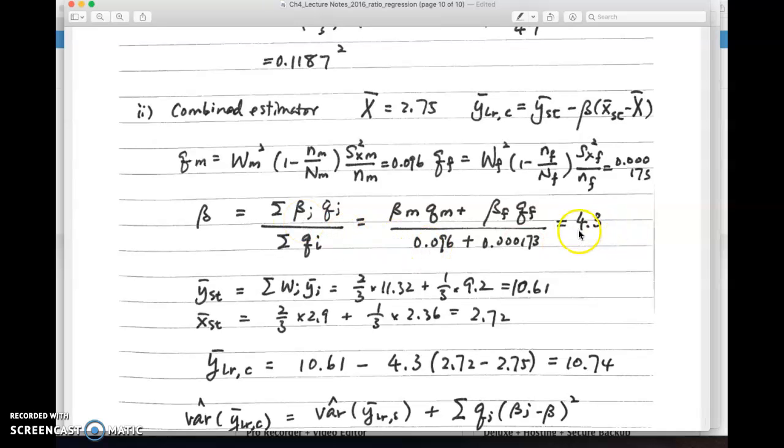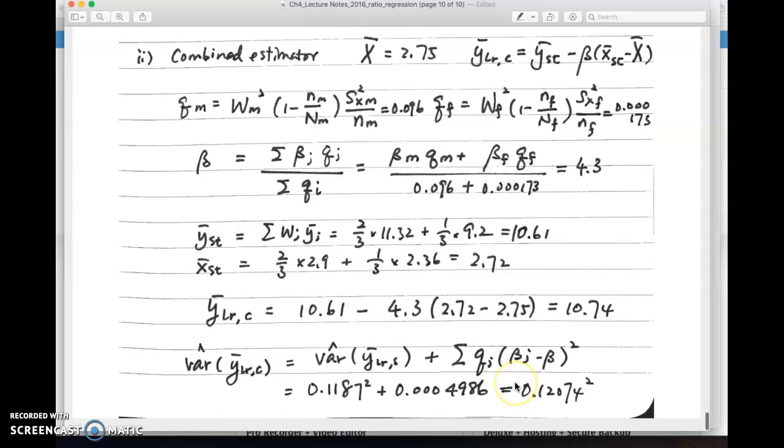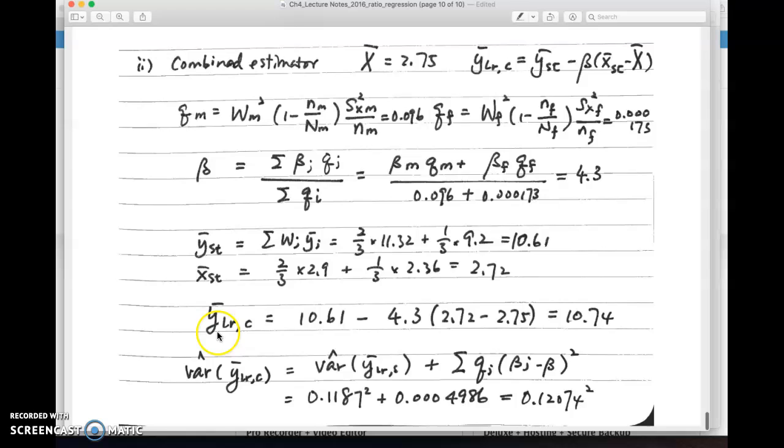So that is closer to the male's beta. Using this overall beta 4.3, we can substitute into this formula, and we find the linear regression Y bar under the combined method is about 10.74.